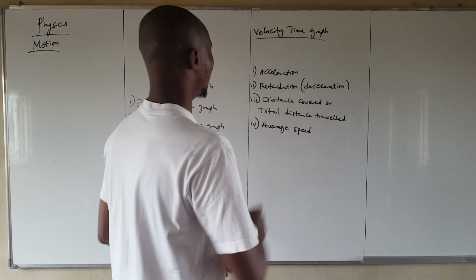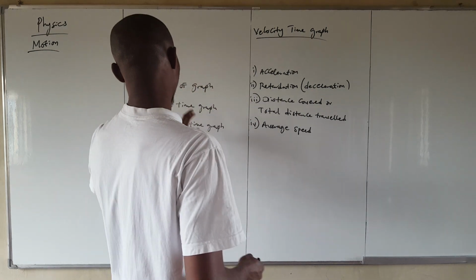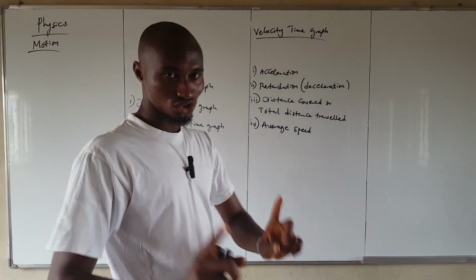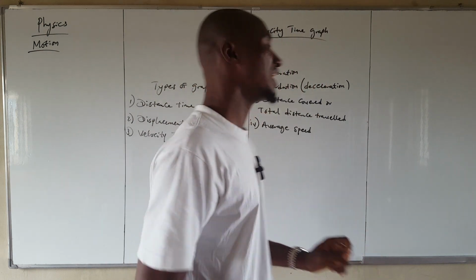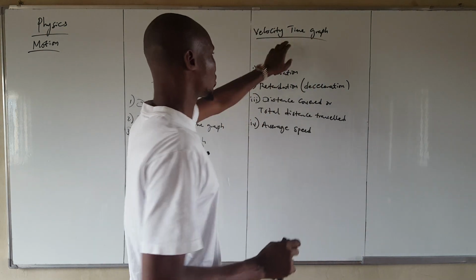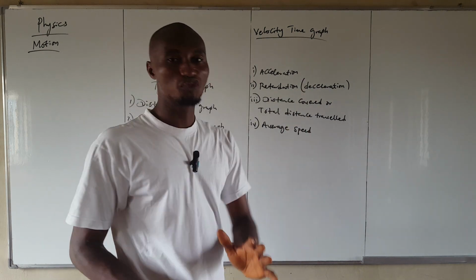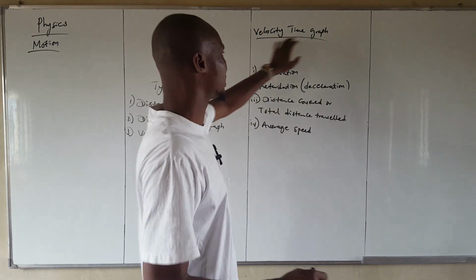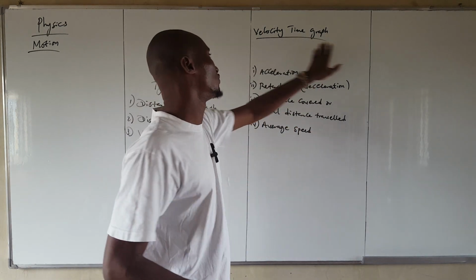The information this particular graph gives to us, distance and displacement time graphs don't give. That is why I want us to focus on this for today. I'm going to solve many calculations on velocity time graph, and I'm going to teach how to solve calculations on velocity time graph.